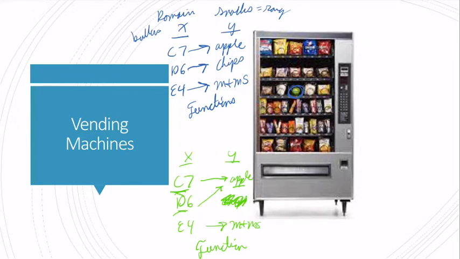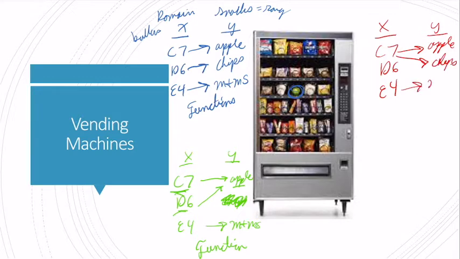So how could I make our vending machine not function? How could I break our vending machine? Well, I've got my 3 buttons. And what if I had C7 go to apple and to chips, and E4 goes to M&Ms?